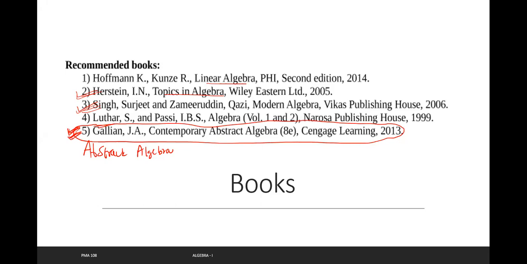But the point is, every author has their own style of writing, so the notations will change. You follow one book for its notations, and to try examples you can then go to different books. For example, the notation for the binary operation of a group may be something else in Gallian, and in another book the notation will change. So just to avoid the confusion, just follow one book and try examples from other books. And I will also be doing the same with you. I will be giving you assignments and tutorial sheets, which will have a collection of examples that I will take from different books.